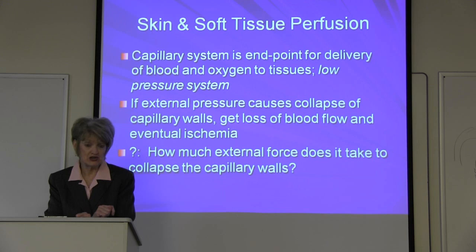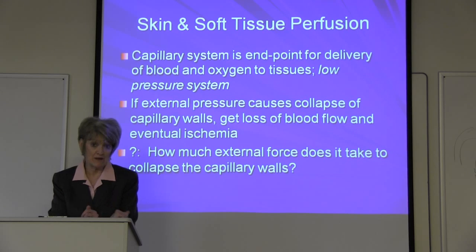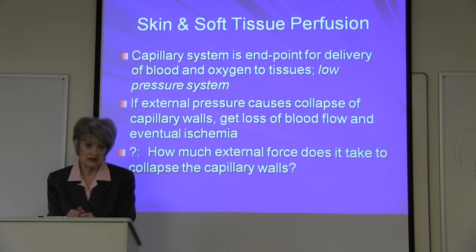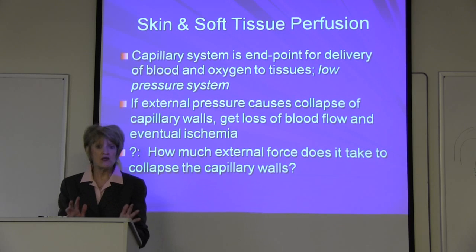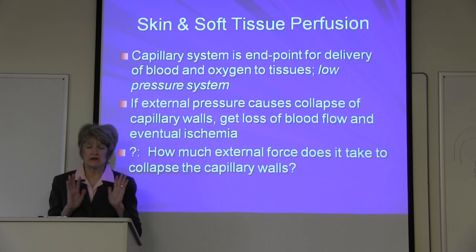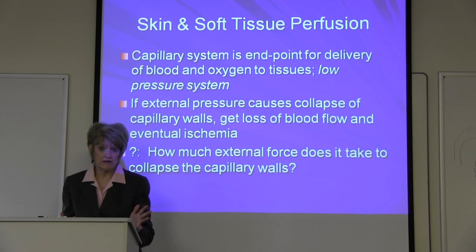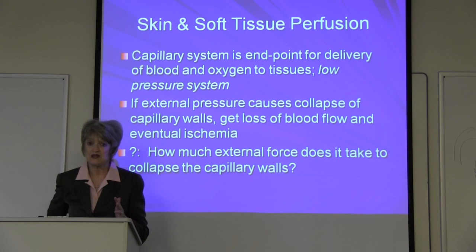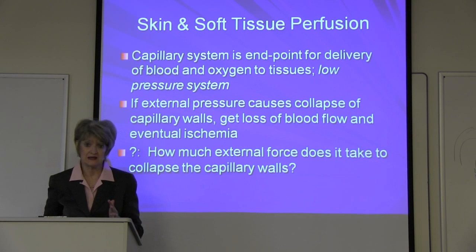So certainly a patient who has a systolic pressure of 135 is going to have higher capillary pressures than a patient whose systolic pressure is 70. So we know that capillary pressures are variable. They're going to vary from patient to patient. They're going to vary from site to site. They're going to vary from time to time.